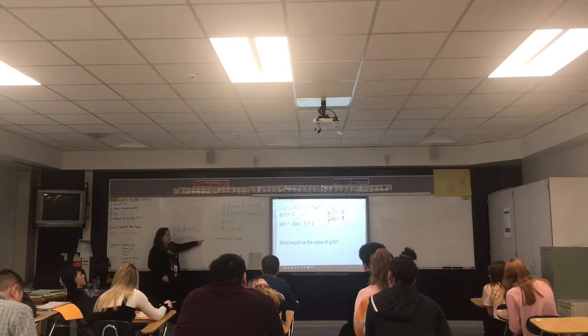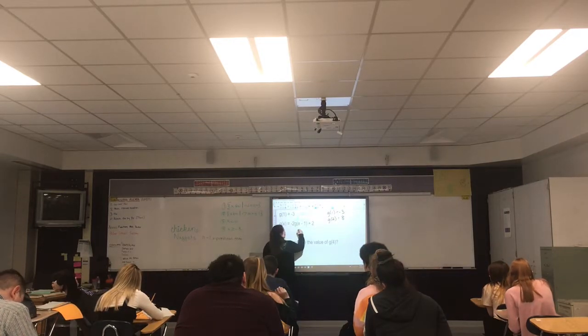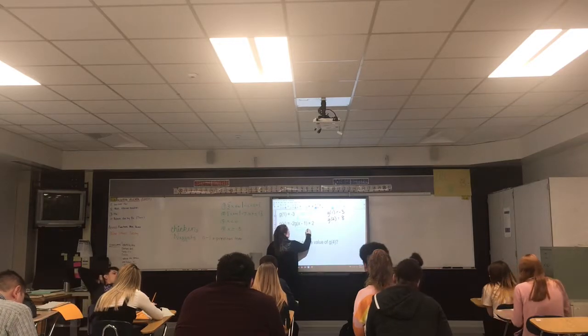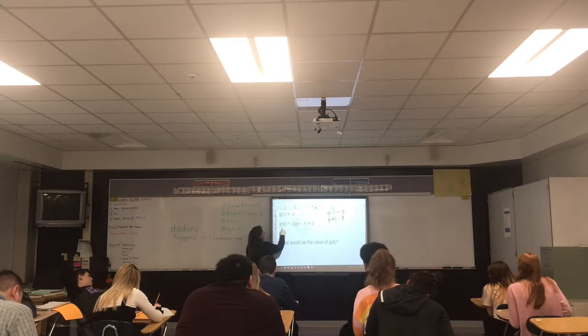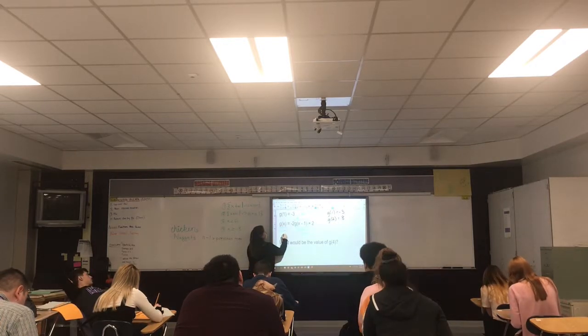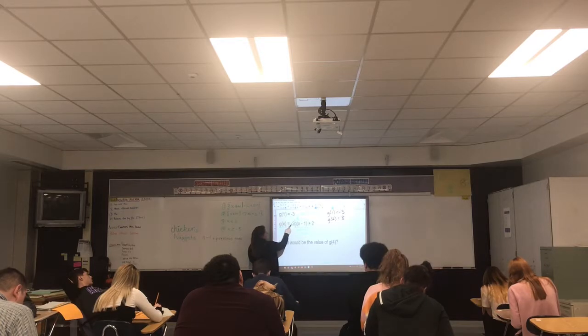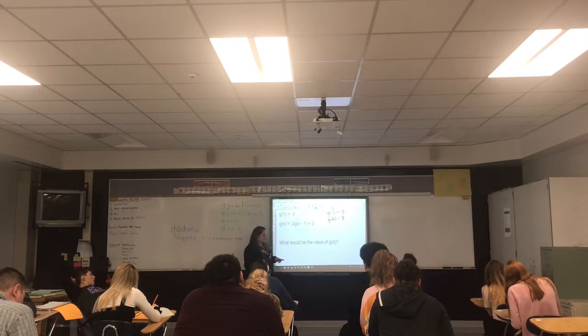Here we just took the n and we changed it to a g of x. So g of x minus 1 is your previous term. So we're working on the current term. It equals negative 2 times your previous term plus 2.